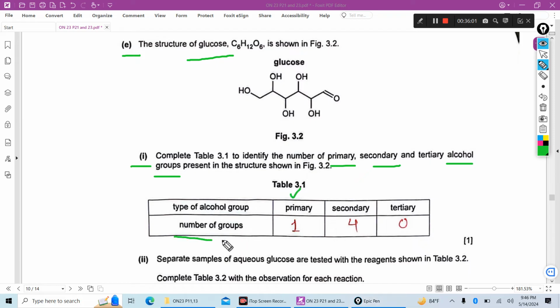Primary group is 1, here CH2OH, this is the primary alcohol group, and secondary alcohol groups 4, 1, 2, 3, 4. Tertiary alcohol group, there is no tertiary alcohol group here, so 0.